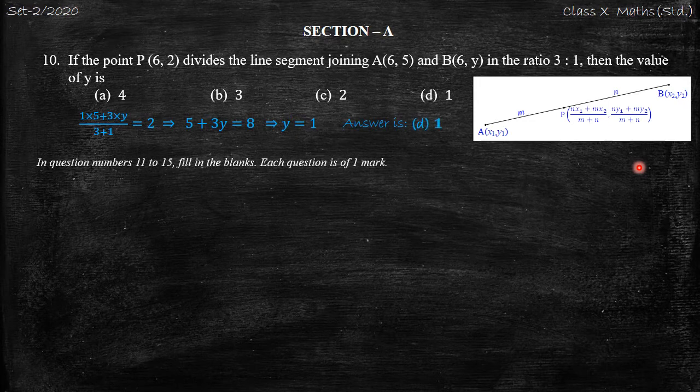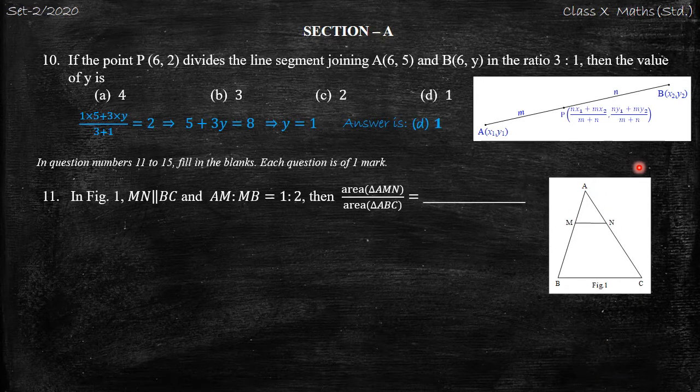Okay, next 5 are fill in the blanks type questions. In the figure shown, MN is parallel to BC and the ratio of AM to MB is 1:2. Then you need to find the ratio of the area of triangle AMN to triangle ABC, that is, the ratio of the area of the small triangle to the big triangle.